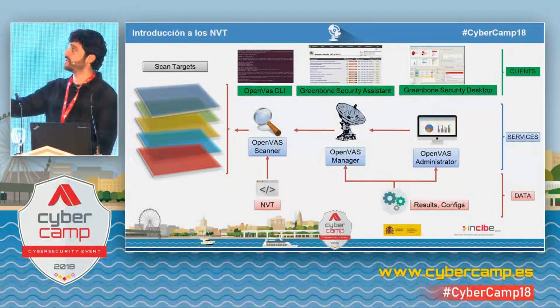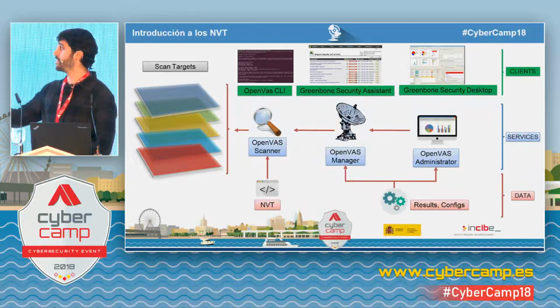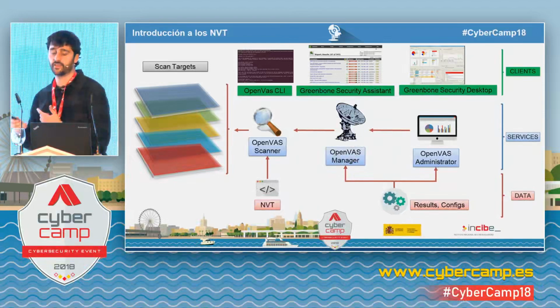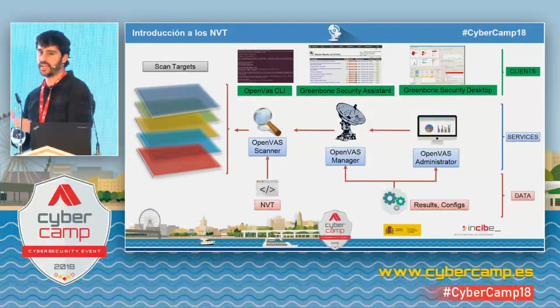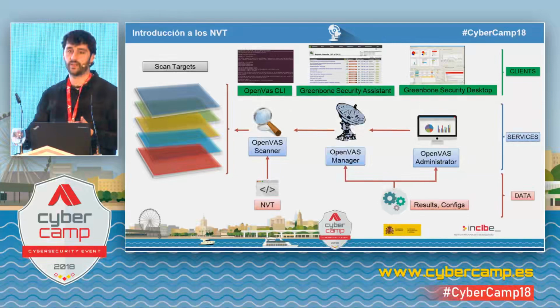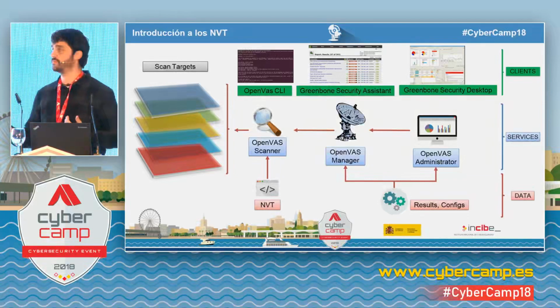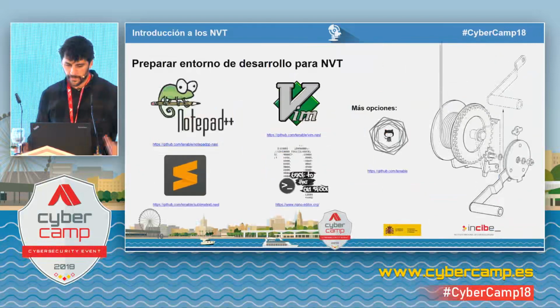We refine them, we fine-tune them, and we set our goals. Results and configurations. Of course, we have the manager and administrator. They share data, and the scanners feed on NVTs. The tests they have to carry out. The NVT tells you what you have to do and how. It's been developed by ourselves or whoever it is. We can use NVTs developed by other people.